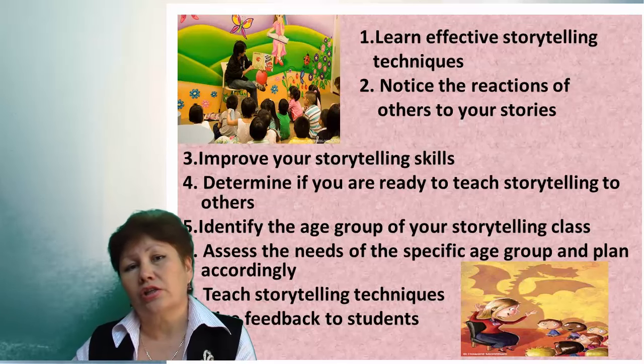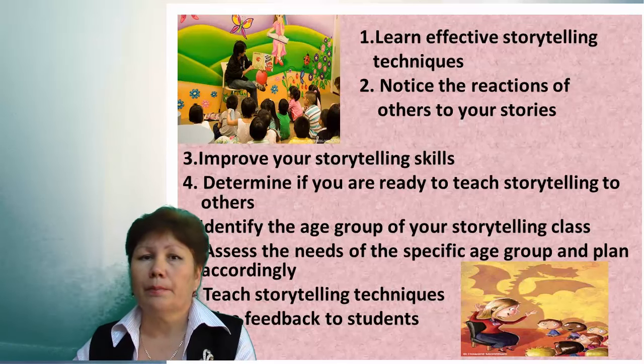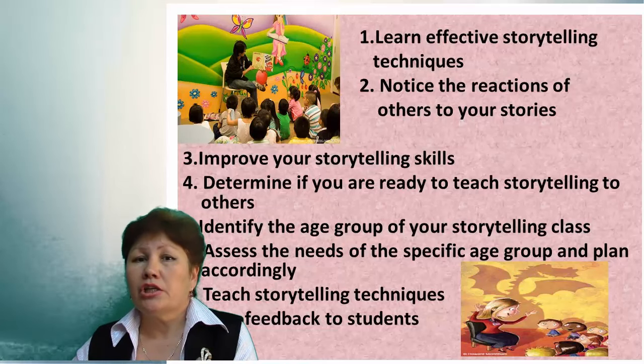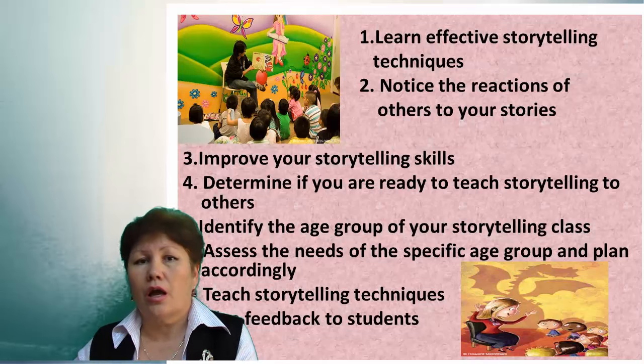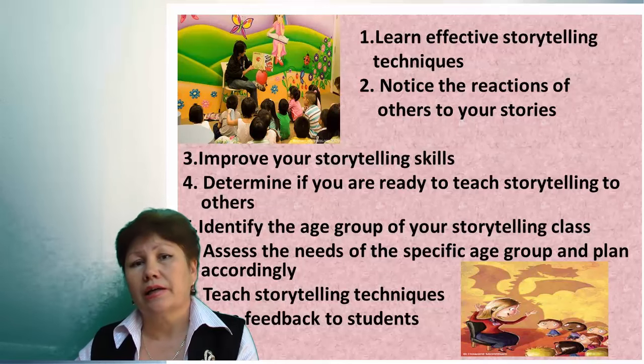The sixth strategy is assess the needs of a specific age group and plan accordingly. Give explanations and structure to children. Young children need structured activities, continual guidance and verbal instructions. Provide a syllabus, handouts and reading materials to adults.